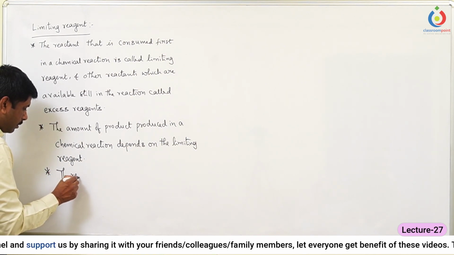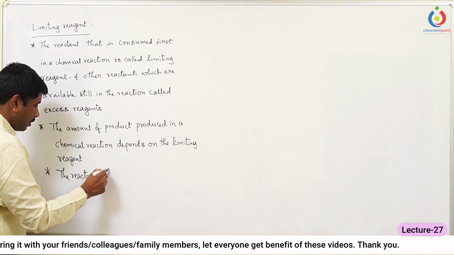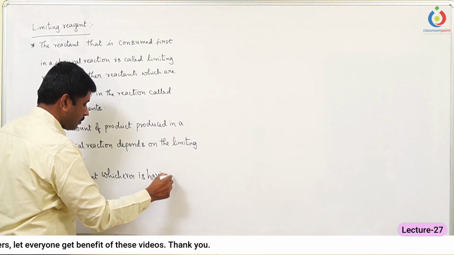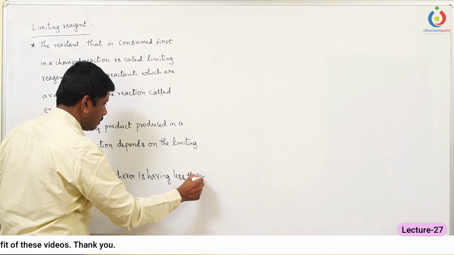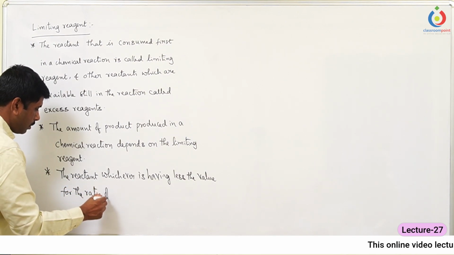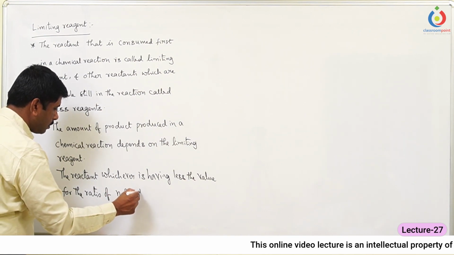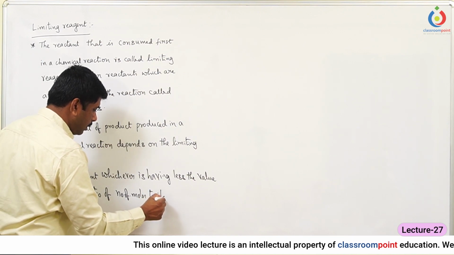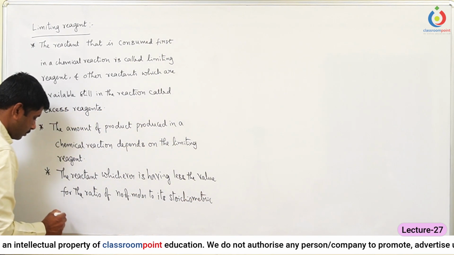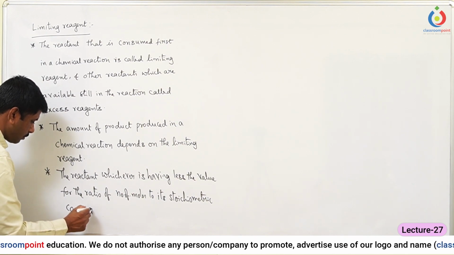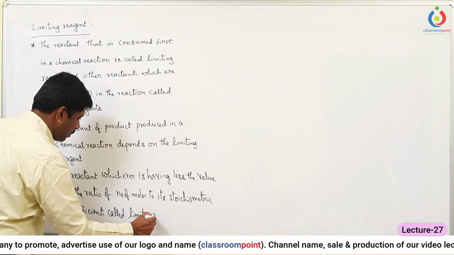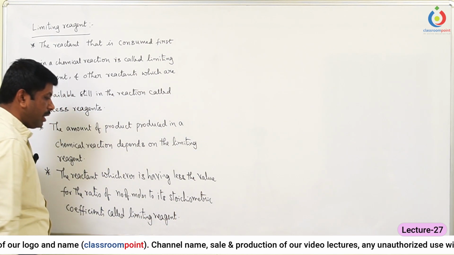The reactant which has the lesser value for the ratio of number of moles to its stoichiometric coefficient is called the limiting reagent.